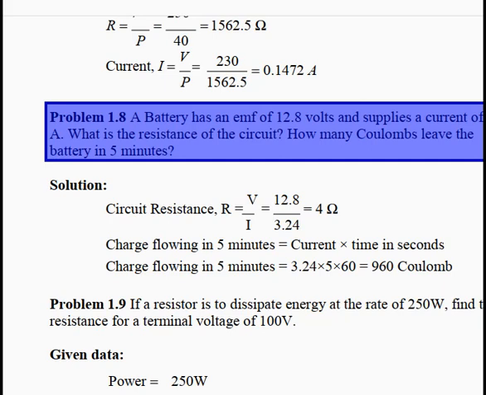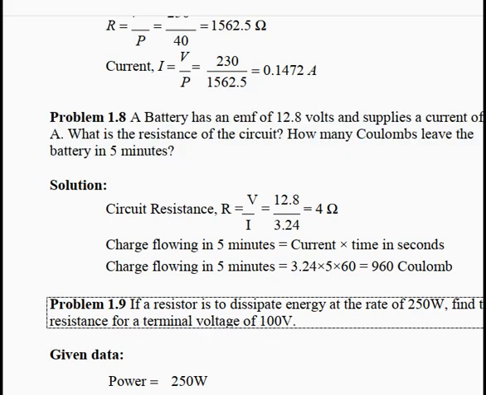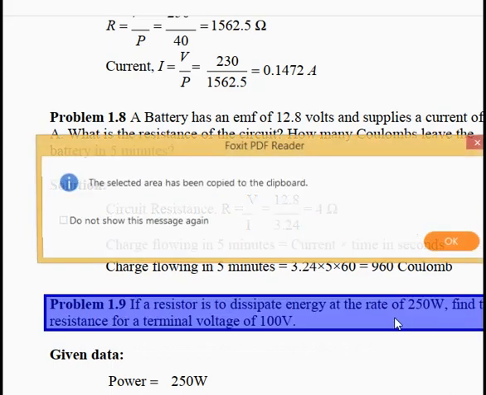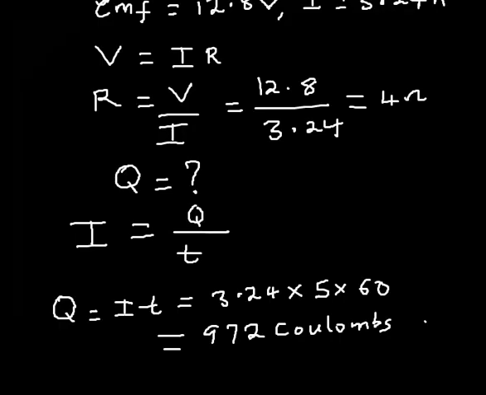Another question before we now look at combination of resistors. Here we go. If a resistor is to dissipate energy at the rate of 250 watts, okay, so the energy that the resistor will dissipate is at the rate. So the rate of energy is power.